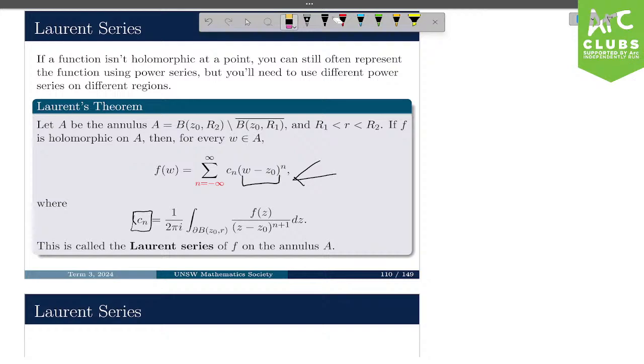Typically this makes annuli that we need to just calculate about.